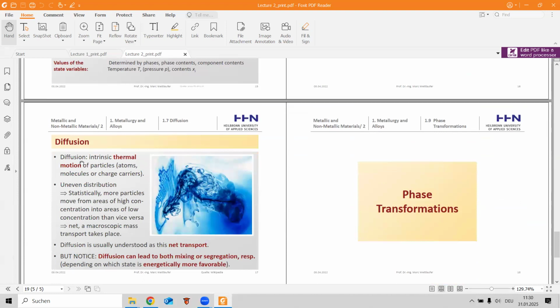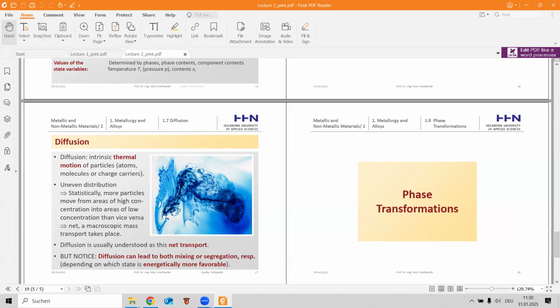Diffusion. Diffusion takes place through the thermal motion of particles, atoms, molecules, or charge carriers. In an uneven distribution, statistically more particles move from areas of high concentration into areas of low concentration than vice versa.